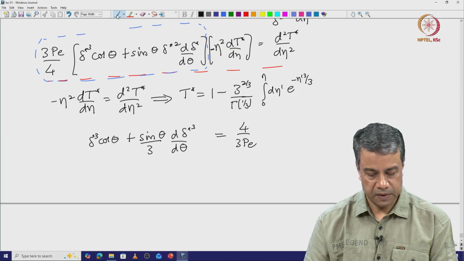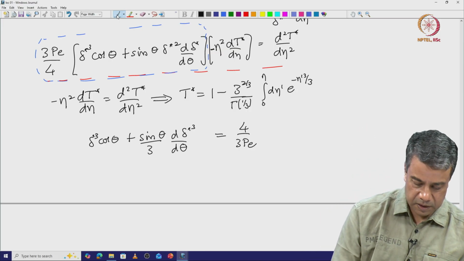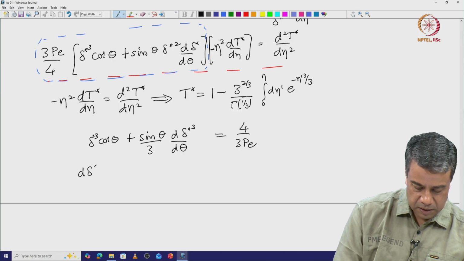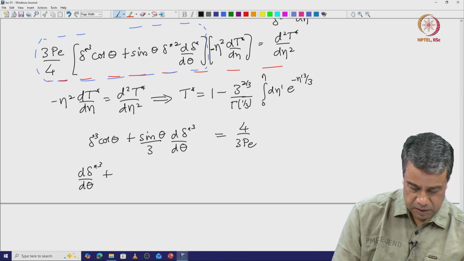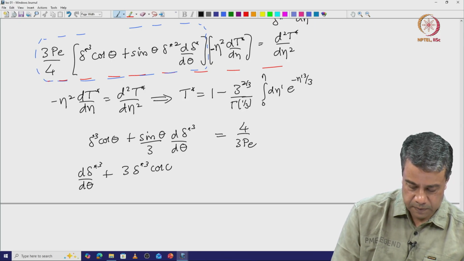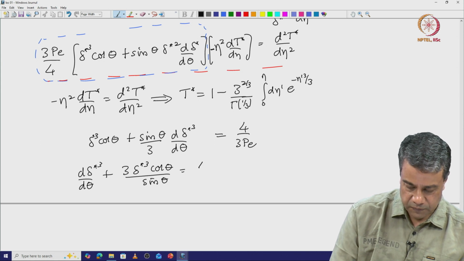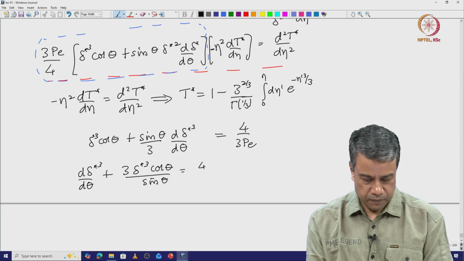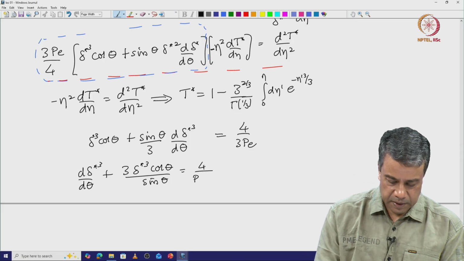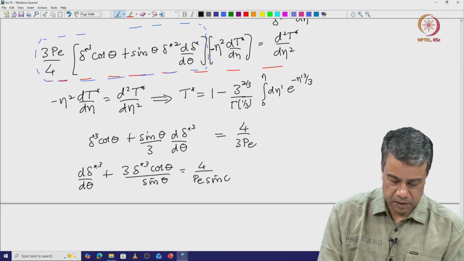Therefore, I will get d delta cubed by d theta plus 3 delta cubed cos theta by sin theta is equal to 4 by Pe sin theta.